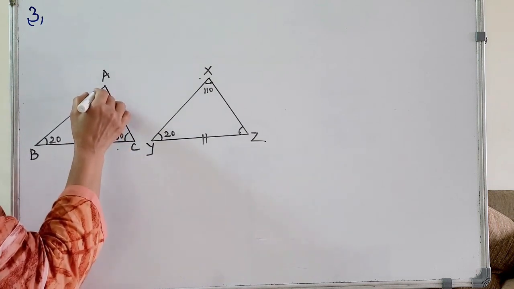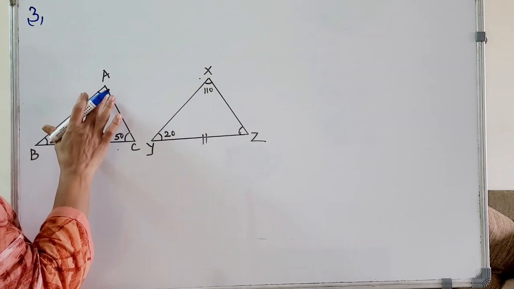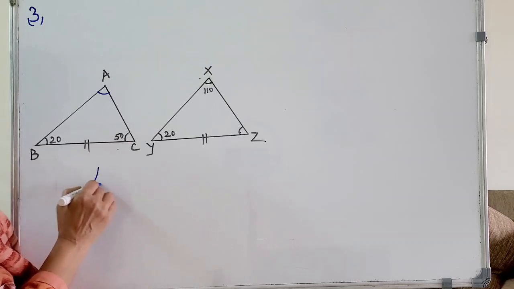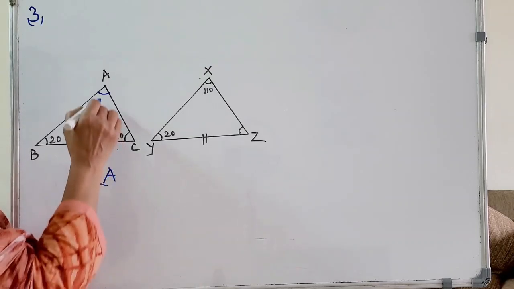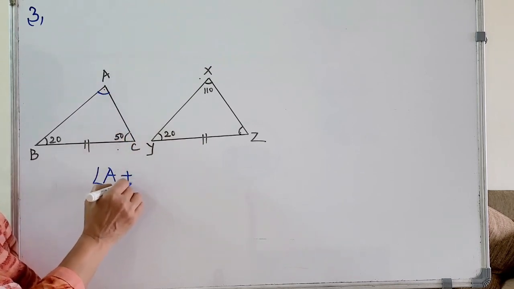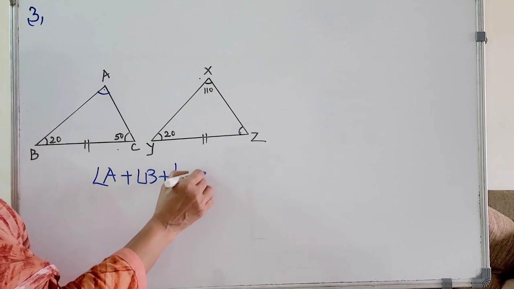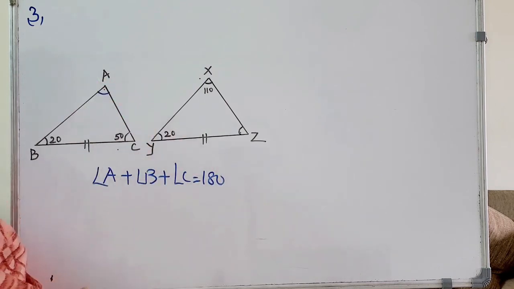So you know that the total of angles of any triangle is equal to 180. So let me find out the angle A. Angle A plus angle B plus angle C is equal to 180.